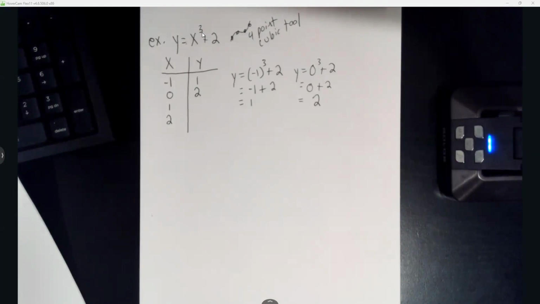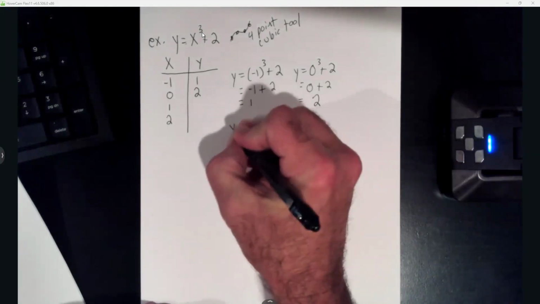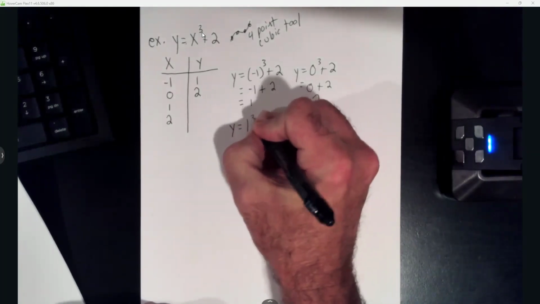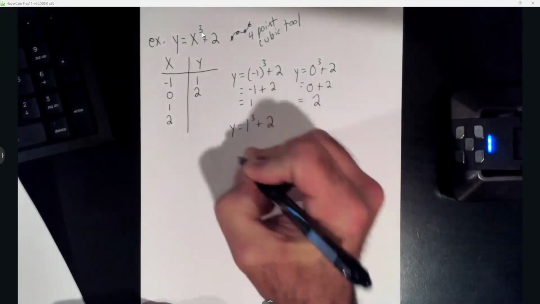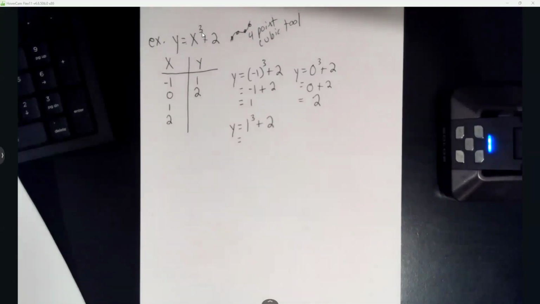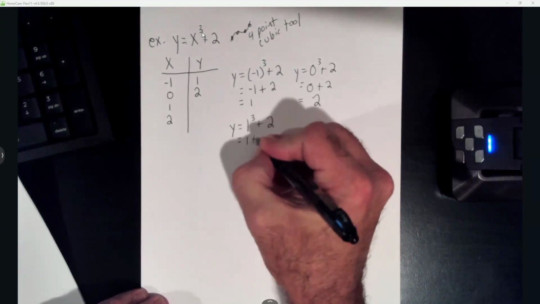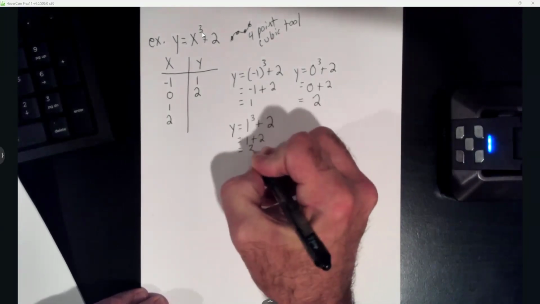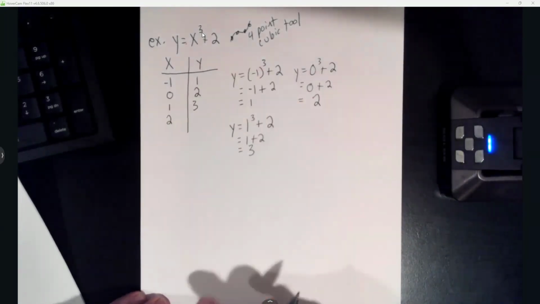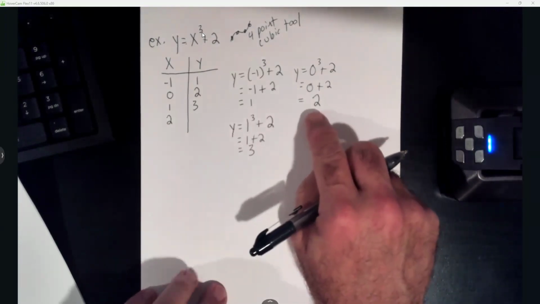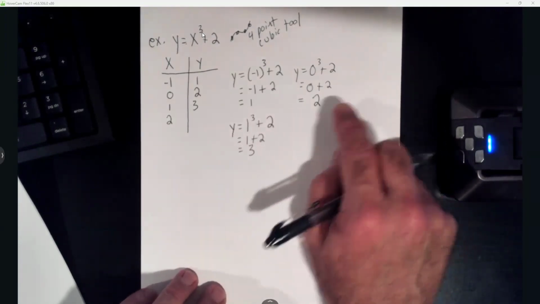So y'all, why don't one of y'all put in a 1 for me and tell me what my y value is? So you're going to have y equals 1 cubed plus 2. Oh, that was quick. That's 3, right? Because 1 cubed is 1 plus 2, which does give us 3. So they're not symmetric like the parabolas were, okay?